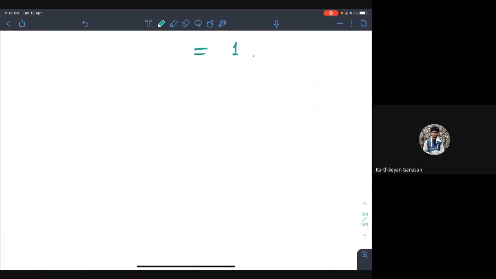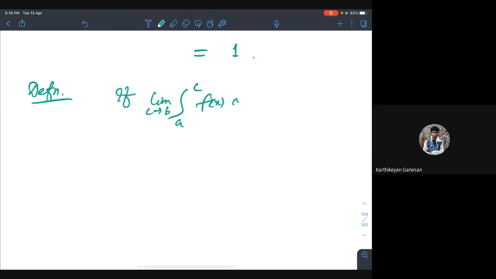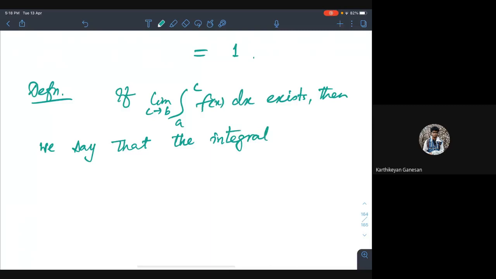So definition: if limit c tends to b of integration a to c f(x) dx exists, then we say that the integral integration a to b f(x) dx is convergent.